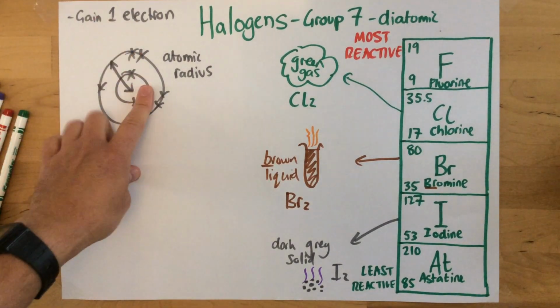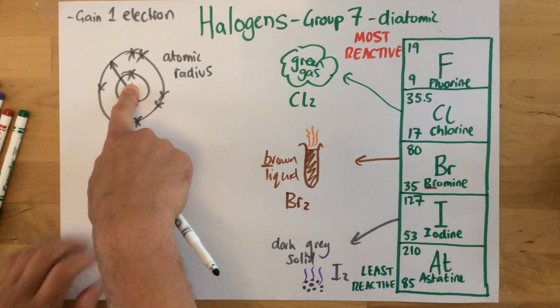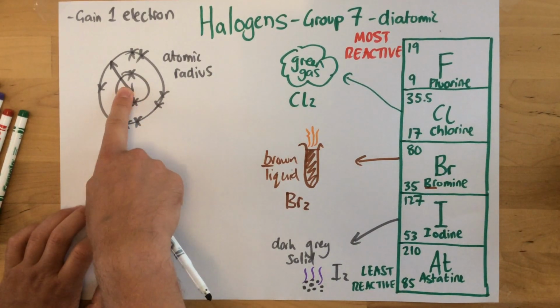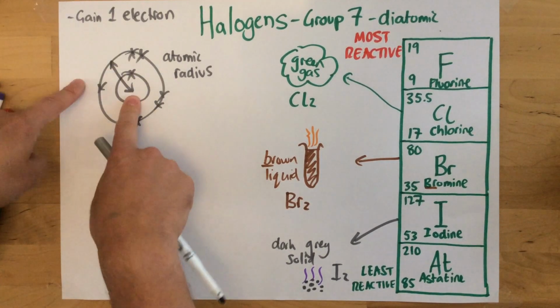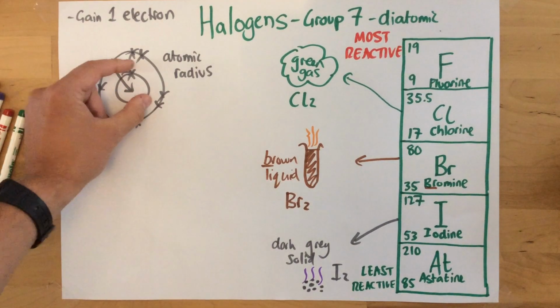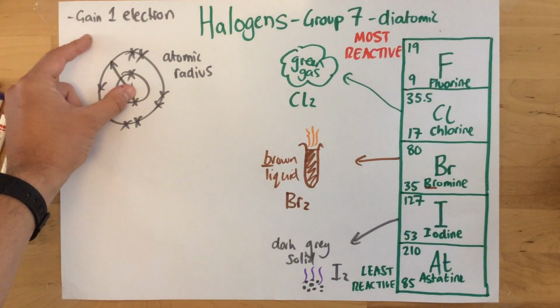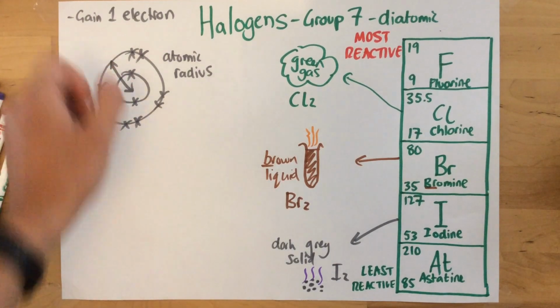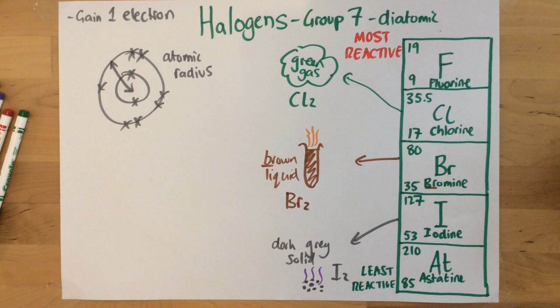Now the reason why that makes it reactive is because of this. In the centre, in the nucleus, we have protons, which are positive, and they attract negative electrons from neighbouring atoms. So if I've got a very small atomic radius, there's going to be more attraction on these nearby electrons. Therefore, fluorine is quite reactive.